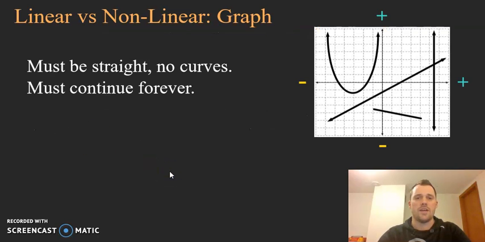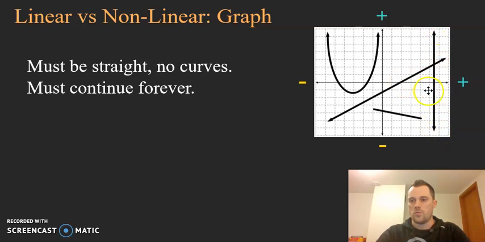So from a graph, it's pretty simple and straightforward. We're looking for something that has a straight line all the way through, no curve. So this obviously is not a linear function. These all are straight lines, but notice this one is just a segment. It stops on both ends, whereas these two go forever.